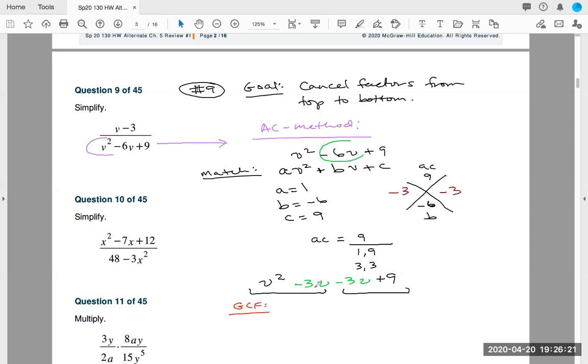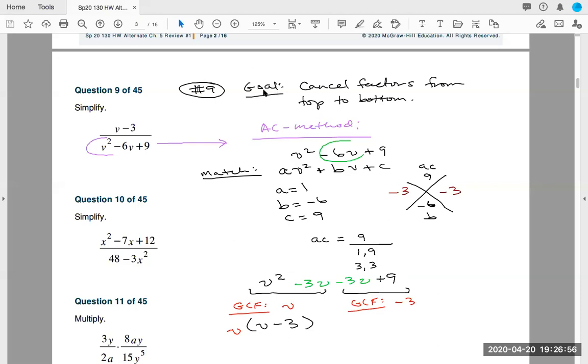The GCF for the first terms will be v, and the GCF for the second terms will be -3. So when I factor my GCF out from the first group, I'm left with v -3.